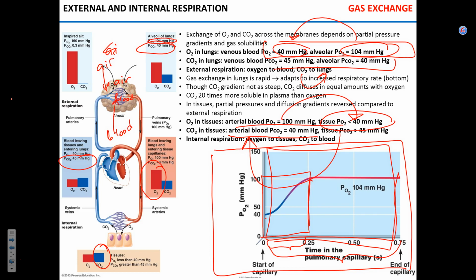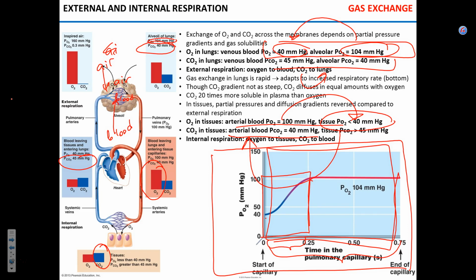Now, I told you that you don't need to know the numbers. You have to be able to answer a question like this: what happens in the tissues? In terms of gas exchange, oxygen goes from blood to tissues, CO2 from tissues to blood. Am I clear? And then, what about pressure relationships? Pressure of oxygen in the blood is higher than in the tissues.